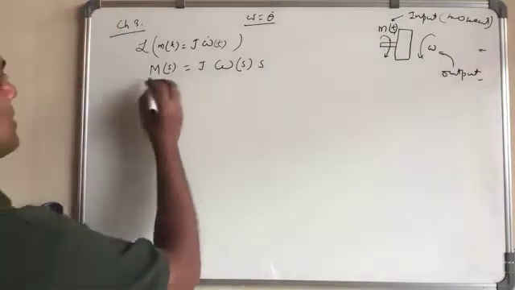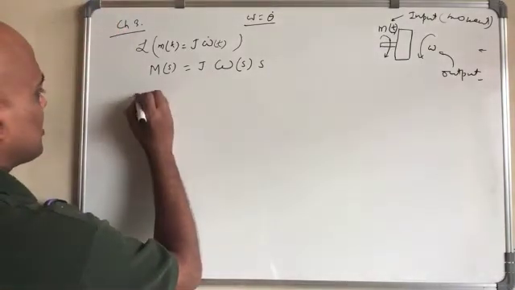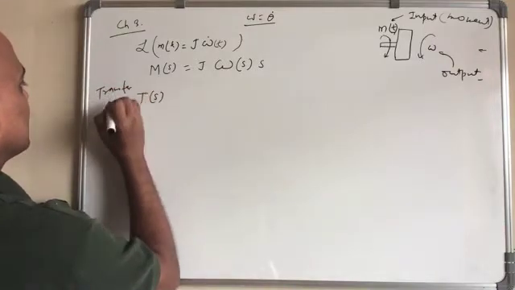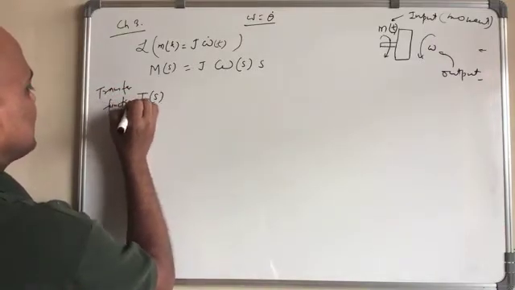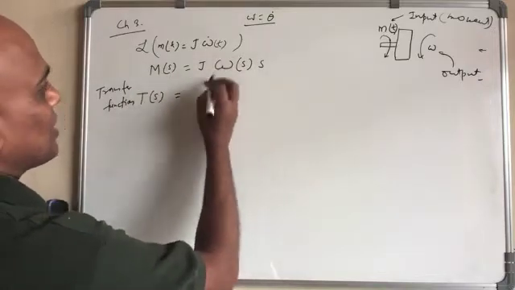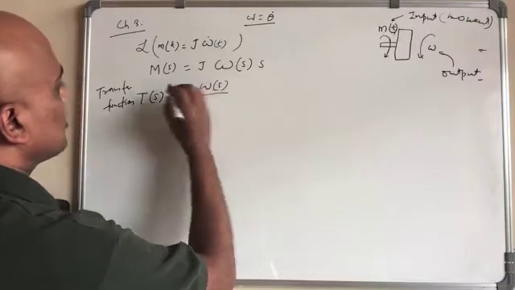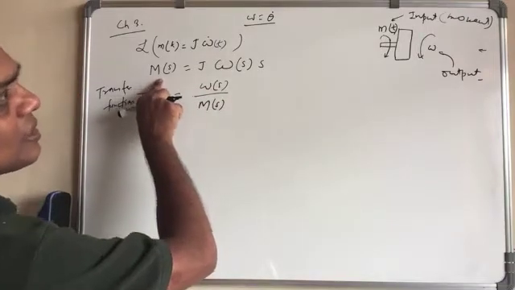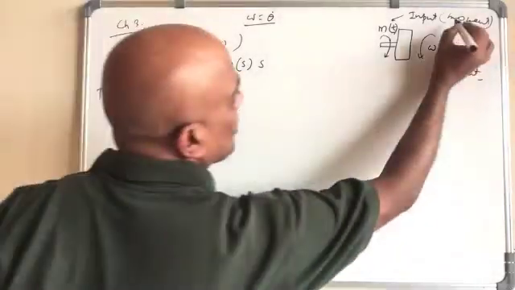So basically the output over input is the transfer function. The transfer function in this case will be equal to the output omega(s) over M(s), which is the input moment, or equal to torque.